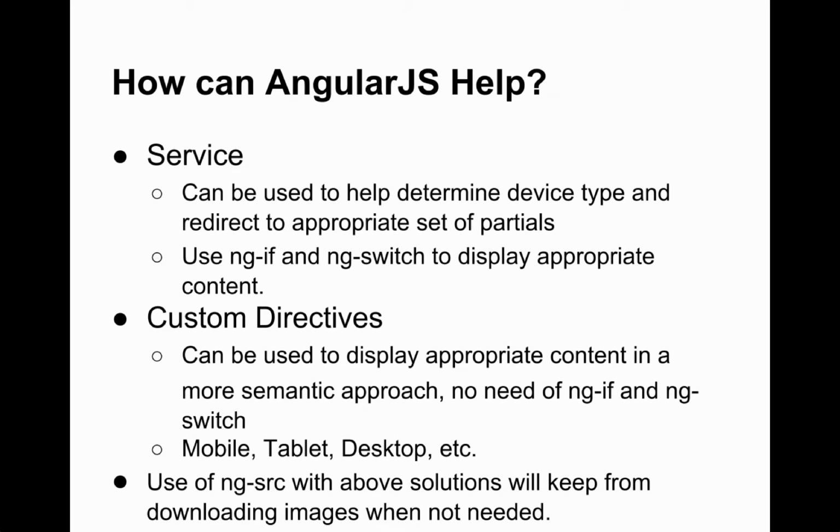So what we can do is build custom directives to handle whether we hide something because it's on a mobile device or a tablet, or show something because it's on desktop, and take the same tack that ngIf and ngSwitch do, so that we never render that content.